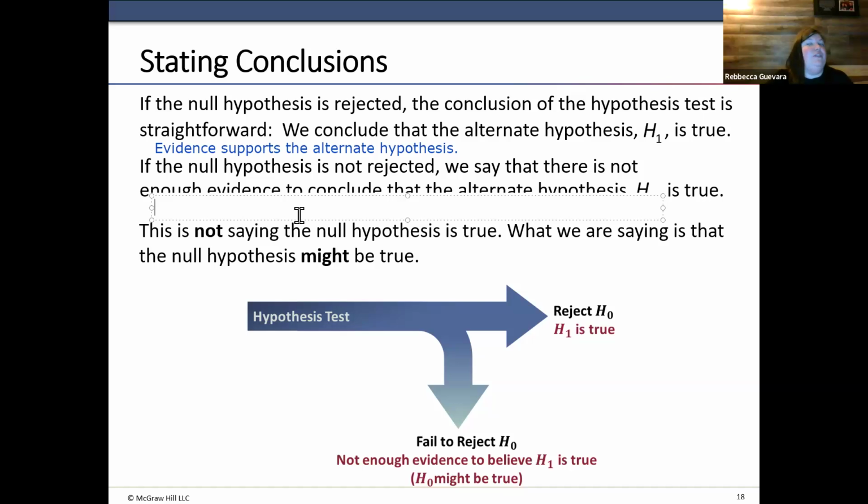We'll just say either the alternative hypothesis is true, meaning we have evidence to support it, or it is not, and then we do not have evidence. Or sometimes we say not sufficient evidence to support the alternative hypothesis.